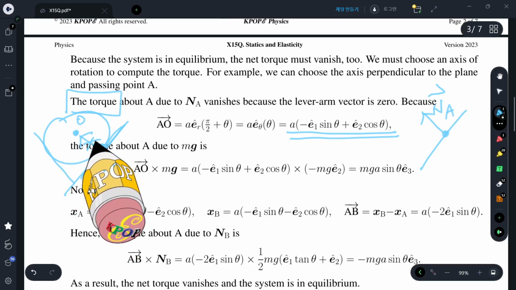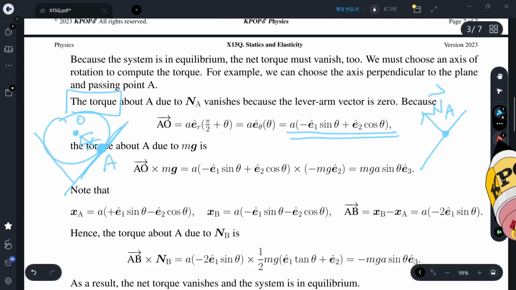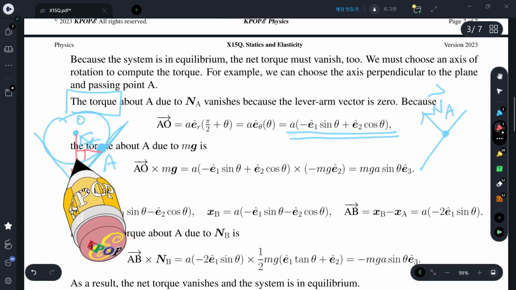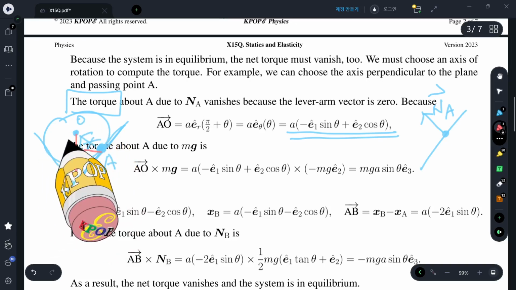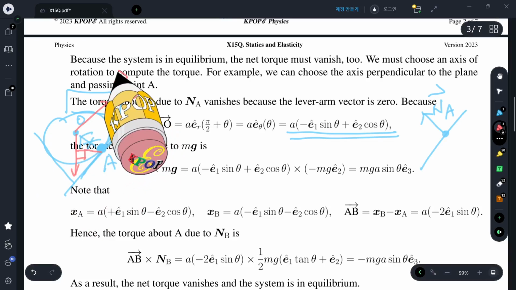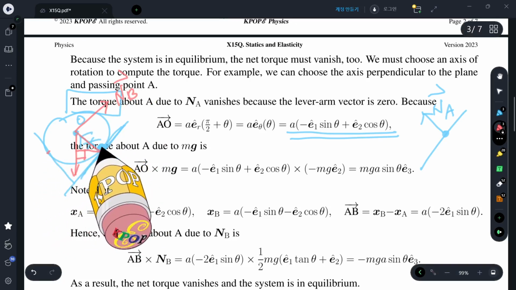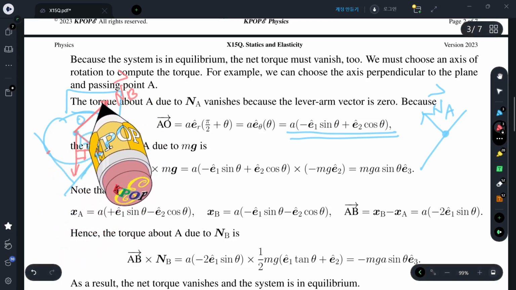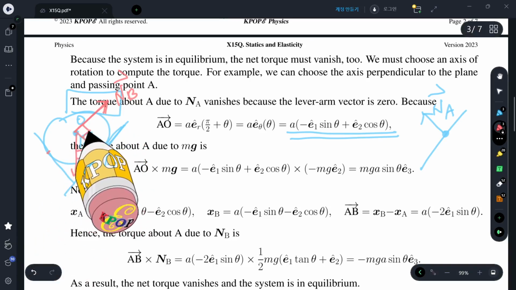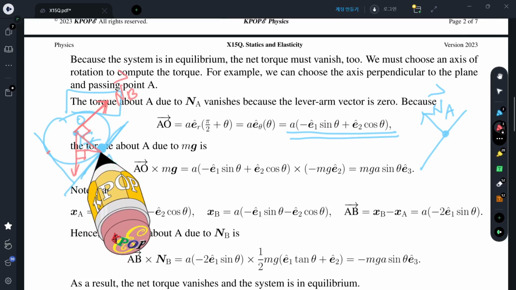So this contribution vanishes. The remaining two pieces are the gravitational force, whose lever arm vector is this part, and the other force, NB. For NB, we need to find the right angle to find the perpendicular distance, that is the lever arm, the magnitude of the lever arm vector.